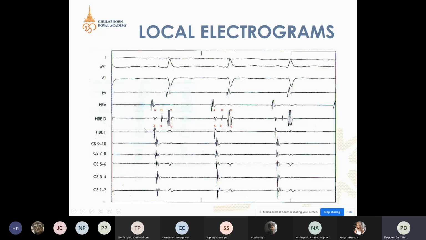The proximal one is closer to the atrium. Okay.